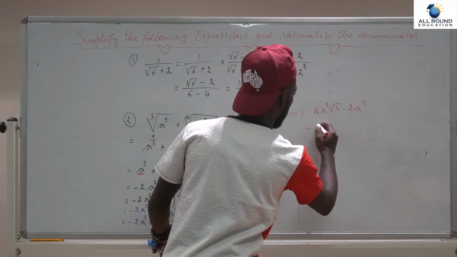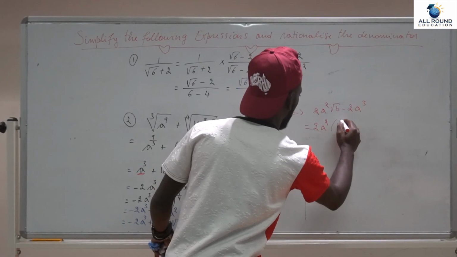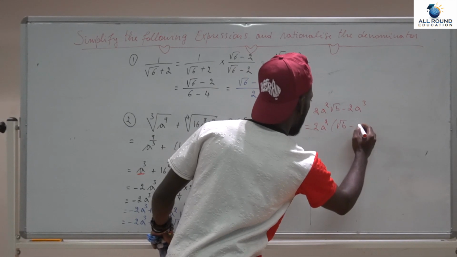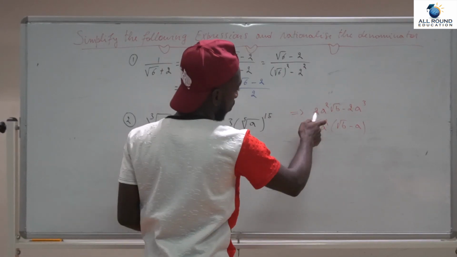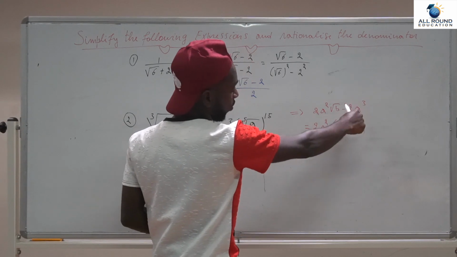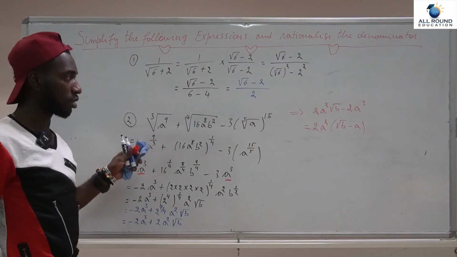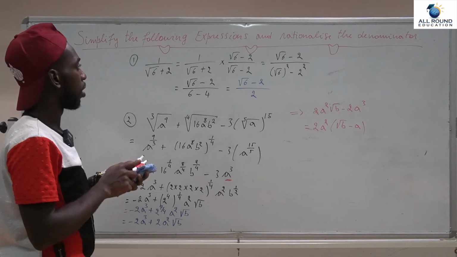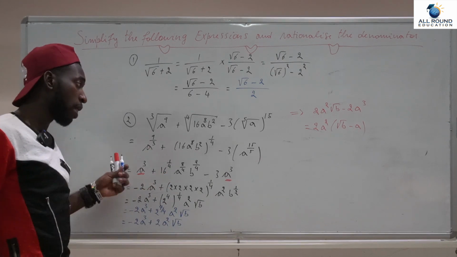That could be written as 2a squared root b minus minus a, right? So I just took the common factor, 2a squared, because it's the lowest, and then we know that in 3 we can have 2. So I hope this concept makes sense, and this I believe was one of the latest questions on this stuff that we are doing, simplifying and rationalizing denominators.